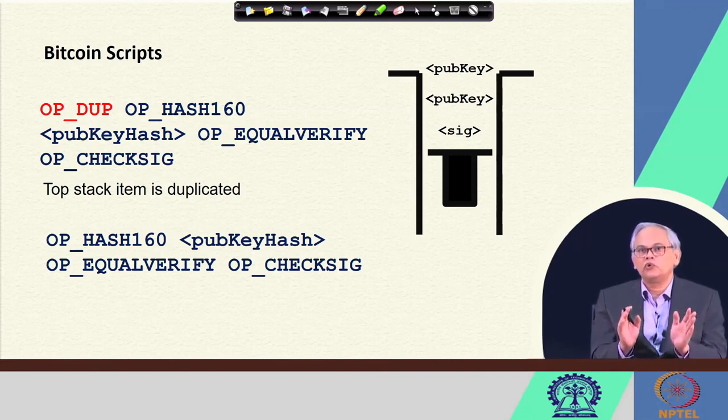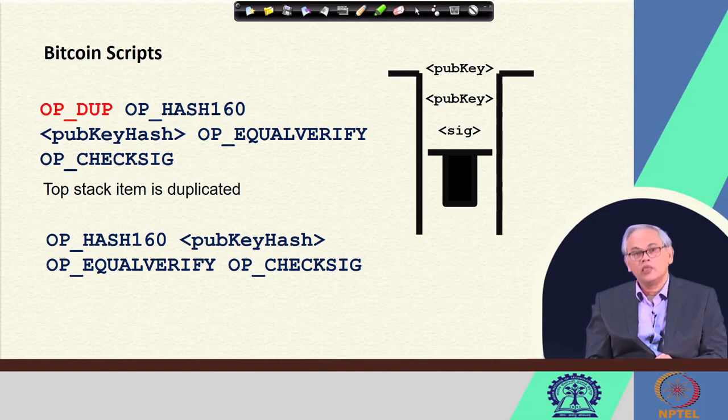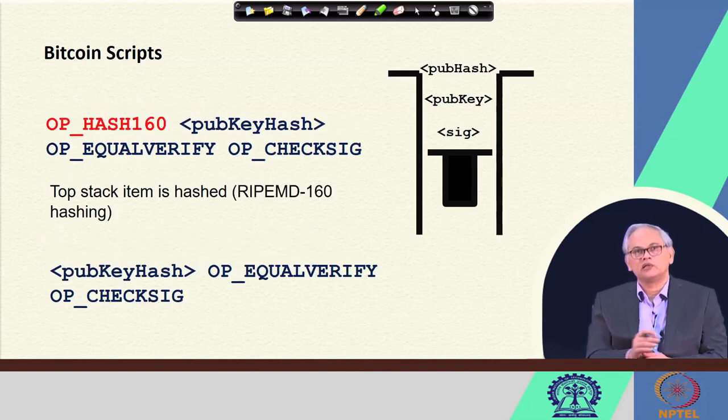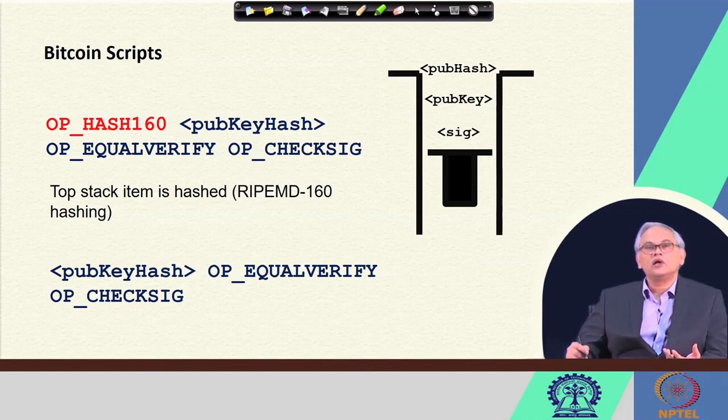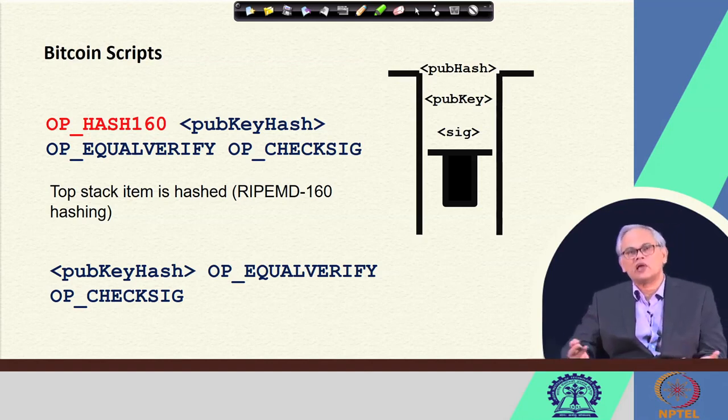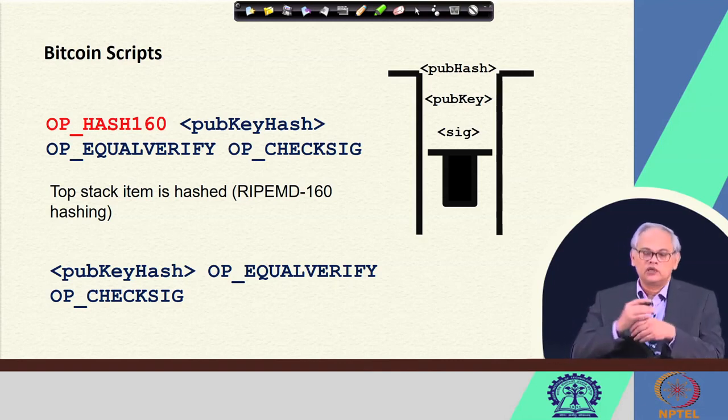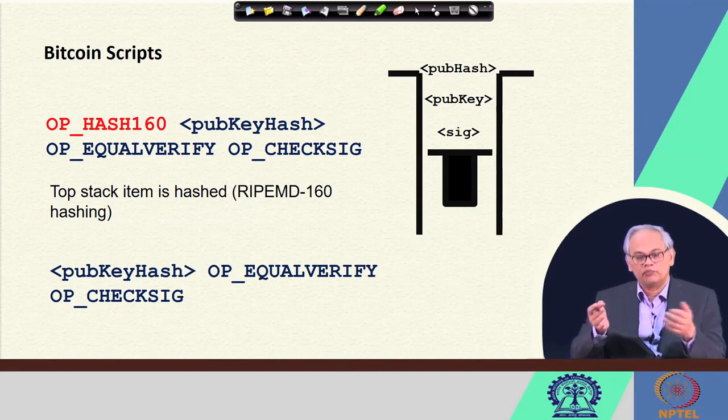So, up to op dup we have completed the steps, and the next one is that we do an op hash 160. What it means is that it takes the hash of the top of the stack. So, the top stack item is hashed, and this hashing follows a particular algorithm, and this 160 refers to the RIPEMD-160 hashing technique.